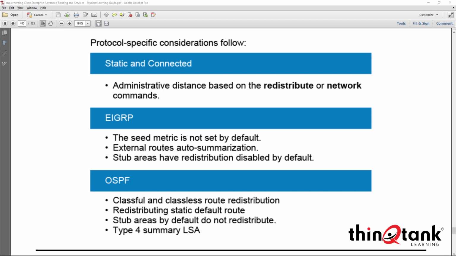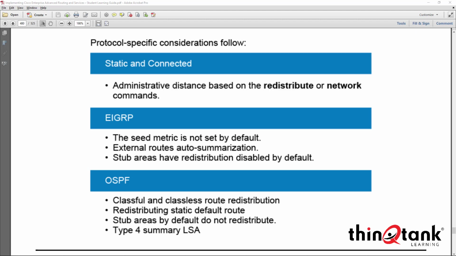One of the functions of a type 4 LSA, remember that was our ASBR summary LSA, is to announce the reachability of the ASBR to other areas, not within the same area that the router exists.